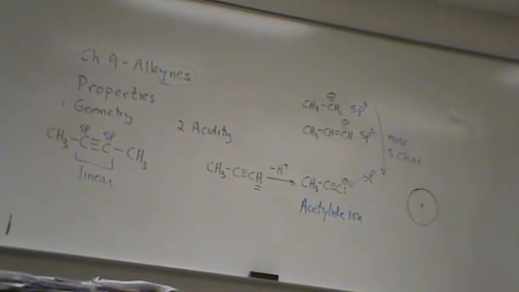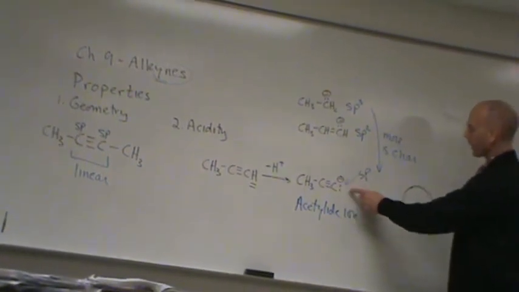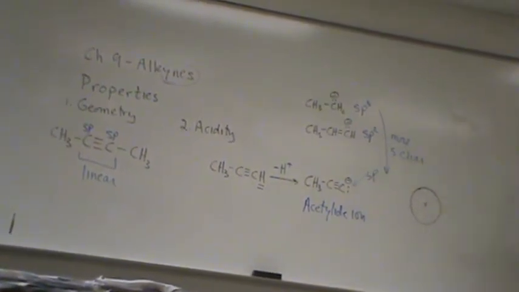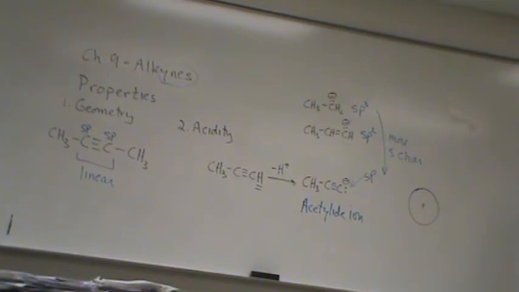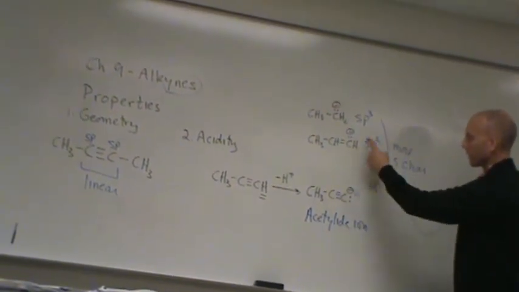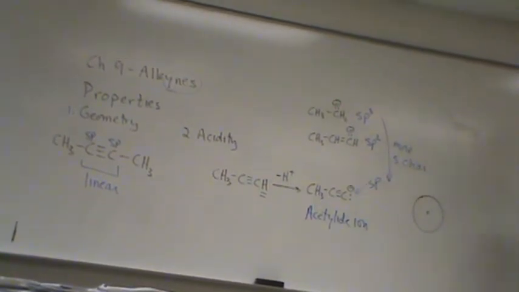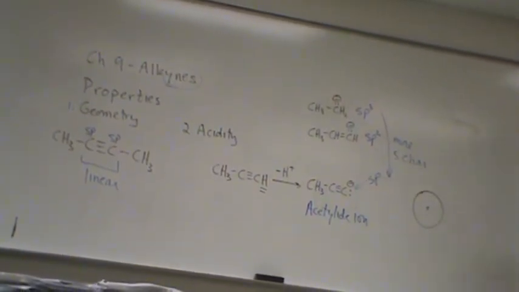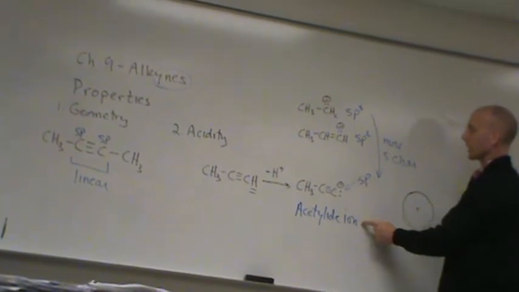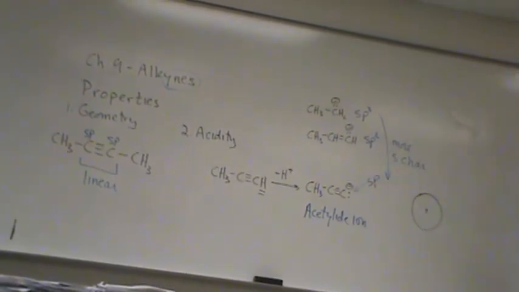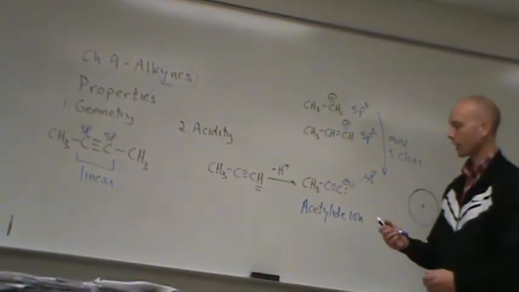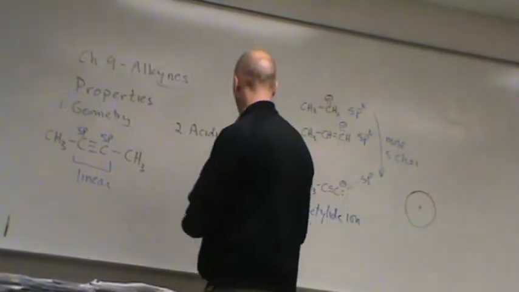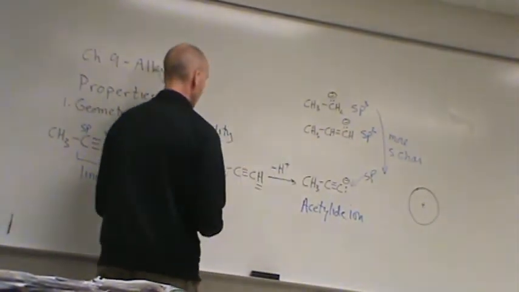So the more S character I have, the closer this lone pair can be to the nucleus, which does what? Stabilizes it. And so it gets more stable as I get more S character. So out of the three, this acetylide ion is the most stable. And so that makes this hydrogen somewhat acidic.